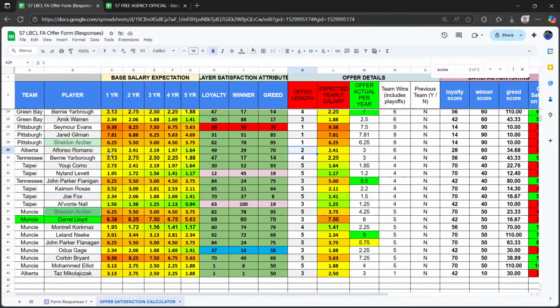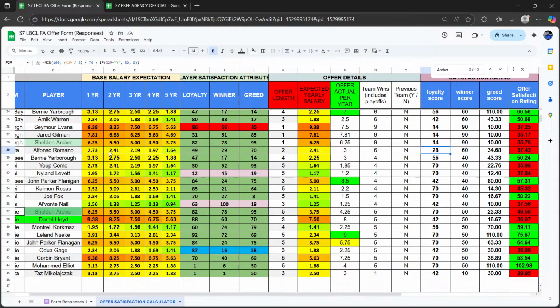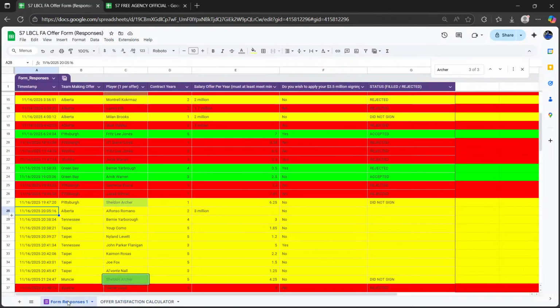This one is really about having a bigger contract. And again, I bet you that five, yeah, wow. By the time you get up to five, he really likes that deal. But he didn't like this one so much. He thought he was worth more money than this. Again, as free agency goes on, he might change his mind and just want to get on the field. But right now, Alfonso Romano is not in.